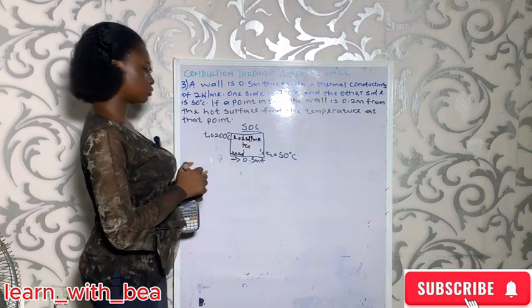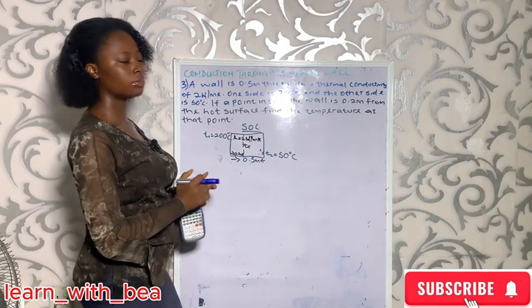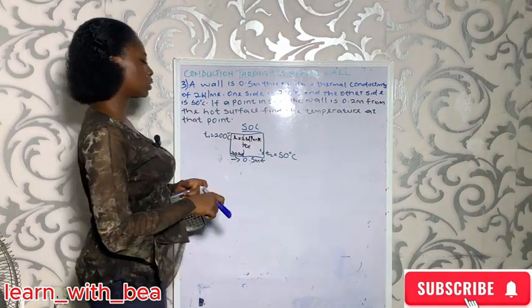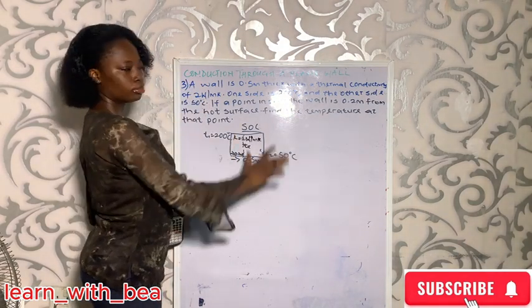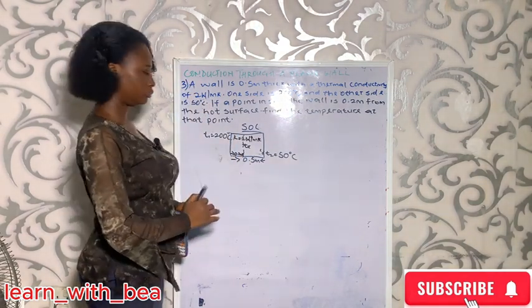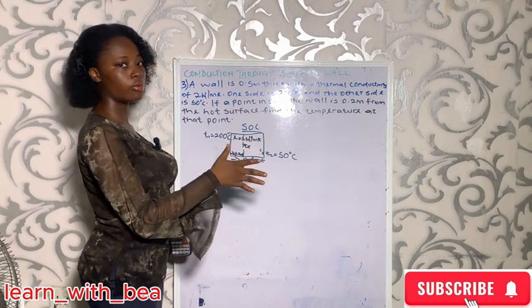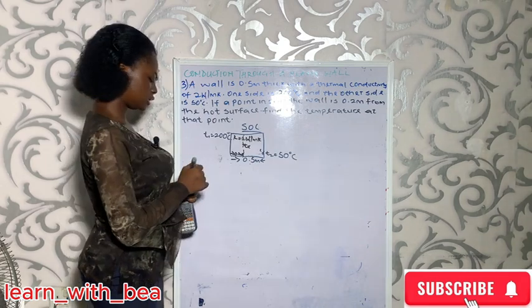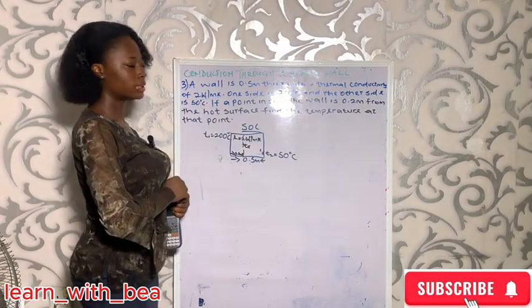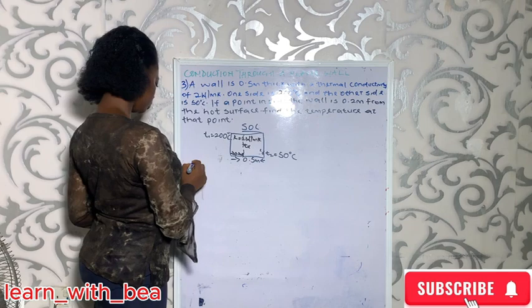Now when you want to calculate the interface temperature of anything, the first thing is to calculate the heat transfer through the wall, the flow of heat throughout the wall. After getting that, you use the value to get the interface temperature.